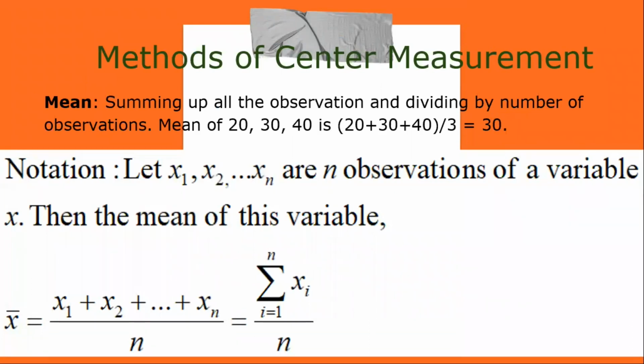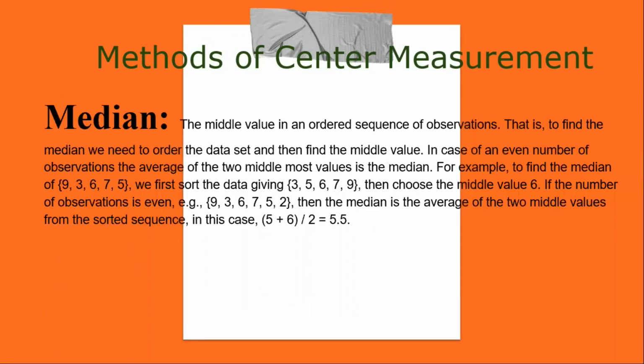Then the mean of the variable is x1 plus x2 plus ... plus xn, divided by n. Median: the middle value in an ordered sequence of observations. That is, to find the median we need to order the dataset and then find the middle value. In case of an even number of observations, the average of the two middlemost values is the median.